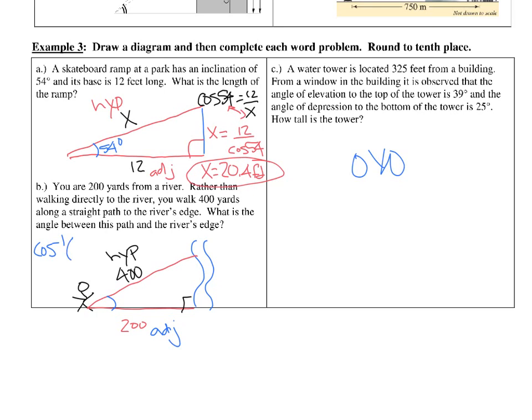And that would be adjacent over hypotenuse, 200 over 400. Handy dandy calculator now is going to do the rest of my work. So inverse cosine of 200 divided by 400 tells us that this degree measure is 60 degrees.